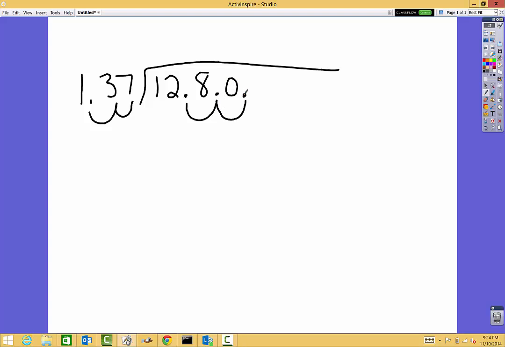So I've moved it 2 spots for my divisor. Whatever I do to the left, I have to do to the right. So I have to move it 1, 2 spots. So this problem would become 1,280 divided by 137.